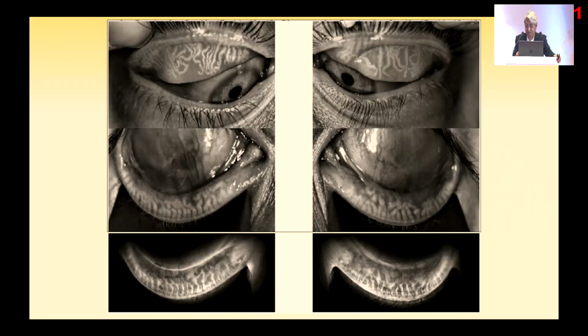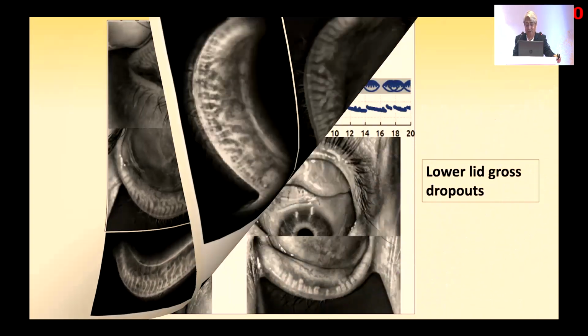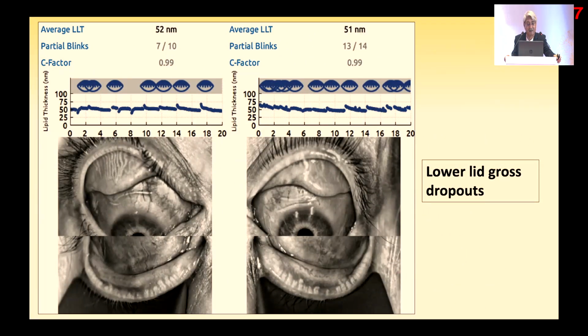So we always think that it should run for 2 years or so. Sometimes we see this kind of gross dropout area, and the LLT is 52 or 59, capturing is good, partial blink, of course 13 out of 14 blinks. During that eye test, it is more than 90% partial blinker.